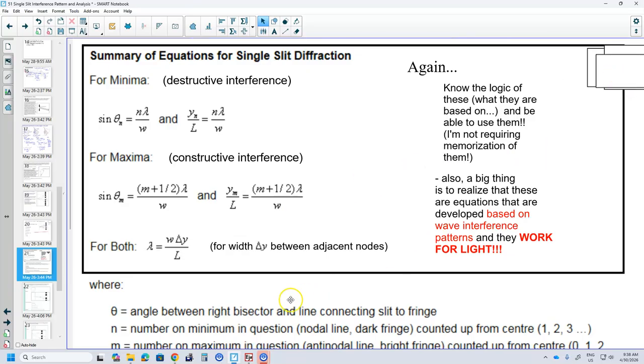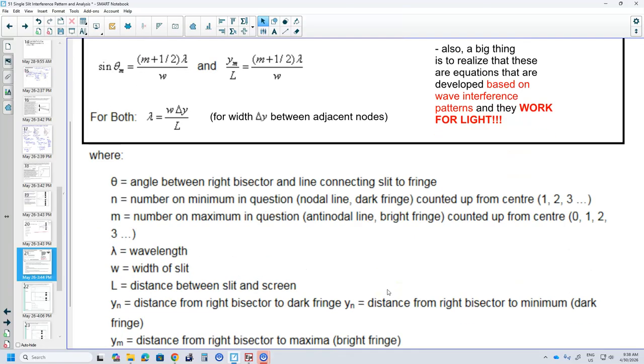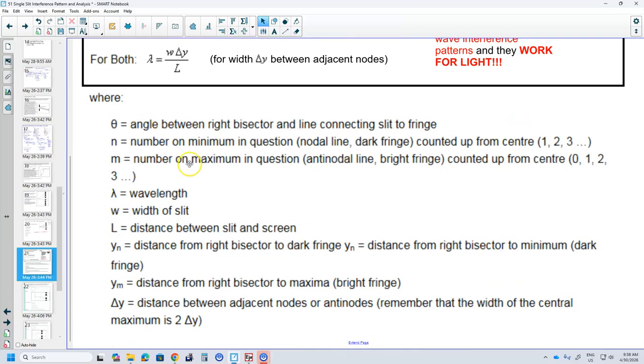For both of them, you've got that. Anyways, know that the logic of this makes sense and you can use them, not requiring memorization, of course. Just pick out the equations and use them when questions describe a single slit. You get your angle and your numbers and so on. Okay.